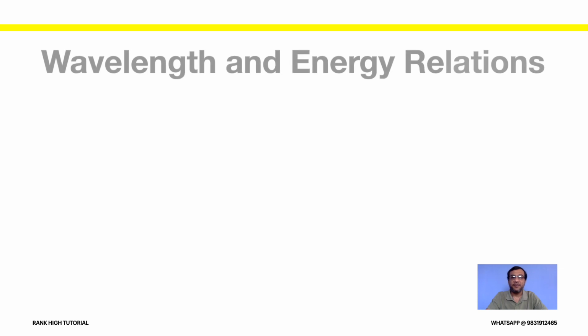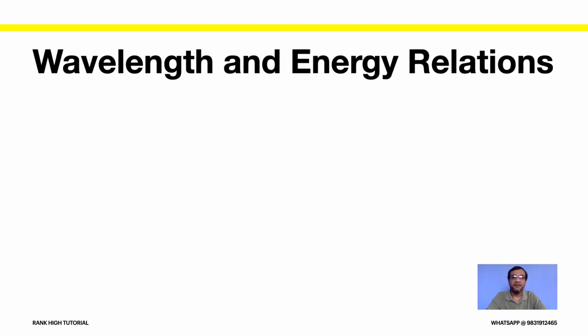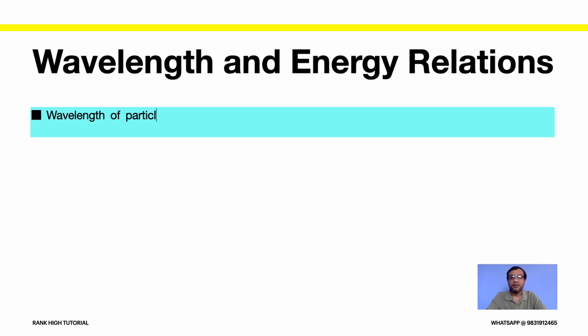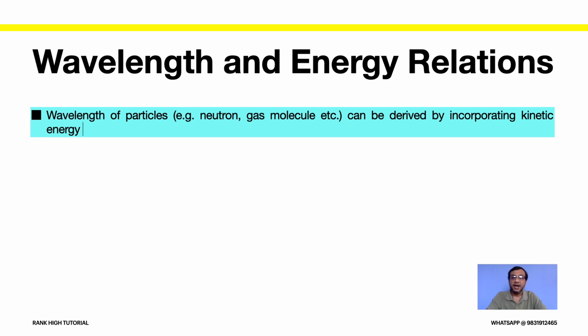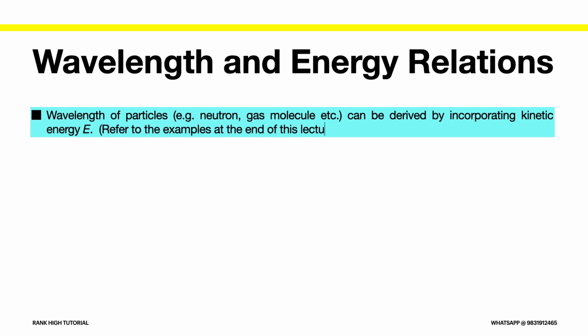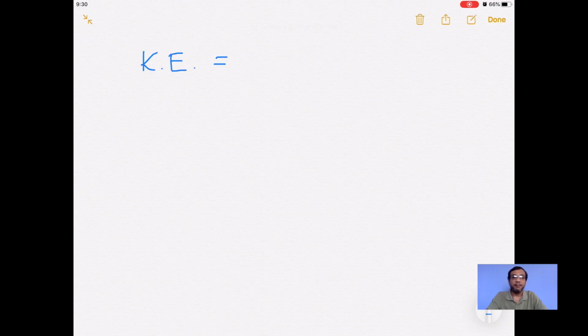A number of wavelength and energy relations can be derived from the de Broglie wavelength. We will see this one by one. The wavelength of particles, that is neutrons or gas molecules etc., can be derived by incorporating kinetic energy capital E. The number one relation is E equals p square by 2m.